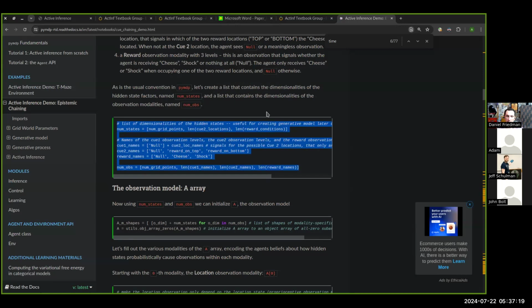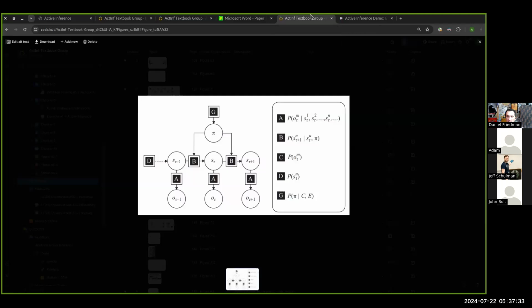Here they're setting up the size and the dimensionality of observations, which are called OBS, and hidden state factors, which are called num states. So an important thing to note is that this is like the schema or the template motif. However, let's just say that each cell in the grid had a temperature, a smell, and a light variable.